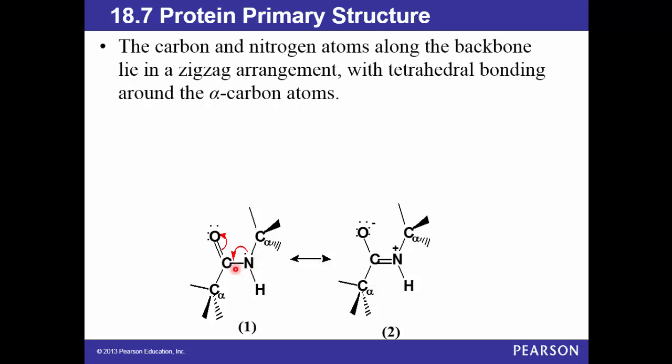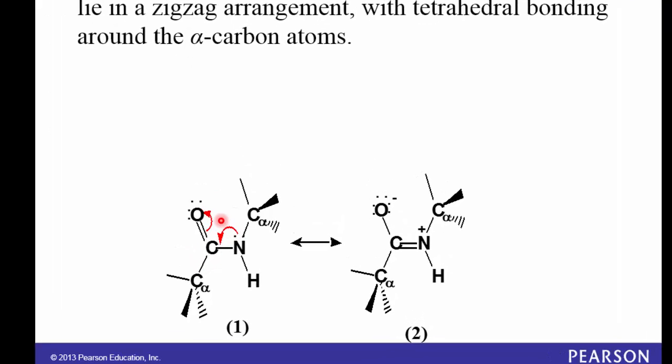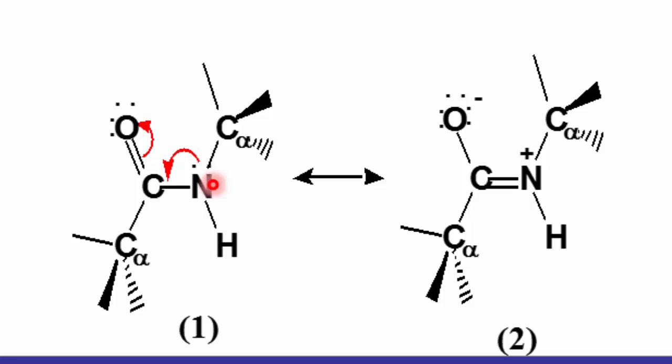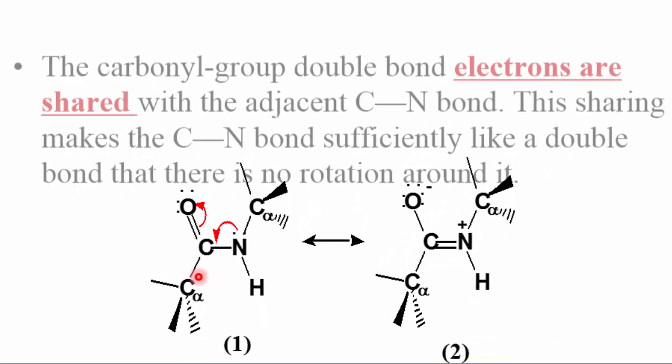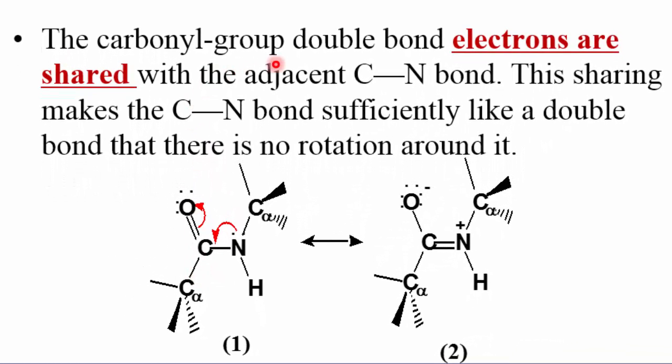Now, the carbon and nitrogen atoms along the backbone lie in a zigzag arrangement with tetrahedral bonding around the alpha carbon atoms. Now, the carbonyl group double bond electrons are shared with the adjacent C-N, as you can see here.